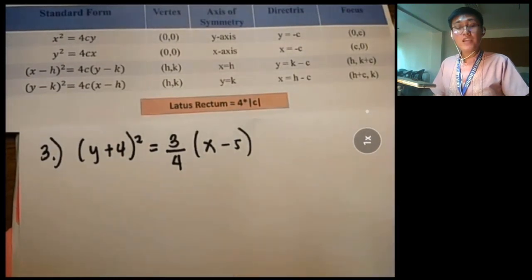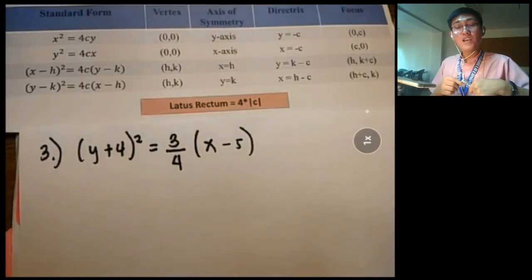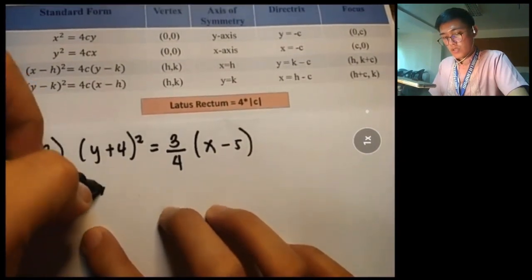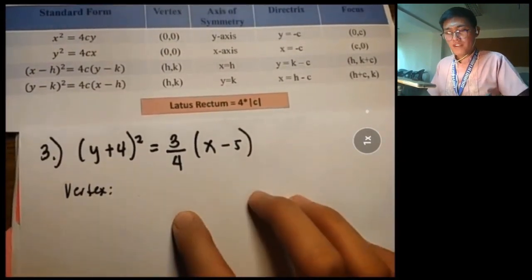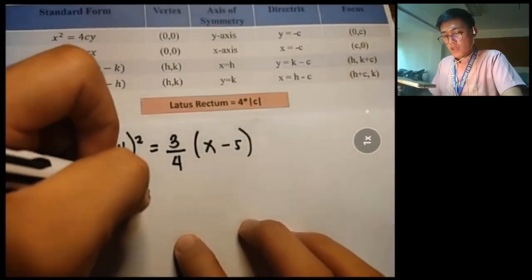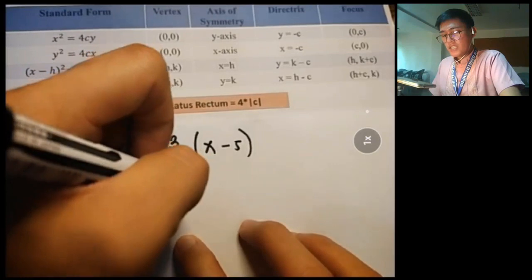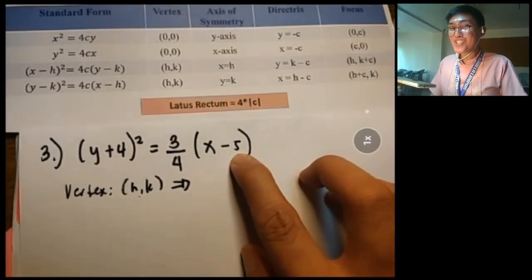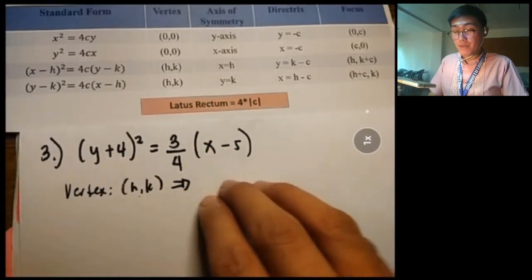First thing here is we have to identify, of course, the vertex. What is our vertex here? We all know that the vertex is at h, k. And h, k is, sabi ko sa inyo noon, kapag negative 5 dito, ang x at h always magkasama while ang y at k always magkasama, no?